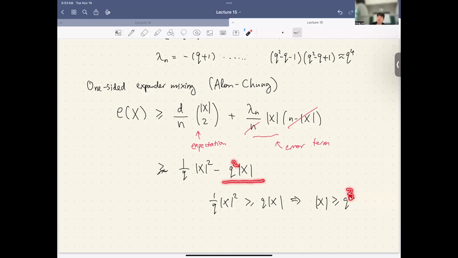You require the set to be much larger. Okay, let me write it here. For HQ star, this one will not work.